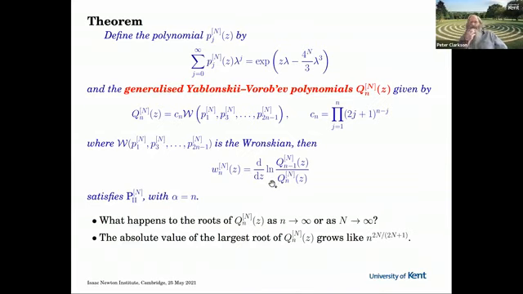So you might want to ask, what happens to the roots of this Q_n superscript N as little n goes to infinity, or as capital N goes to infinity? Now we know that the largest root grows like little n to the 2N over 2N minus 1, which agrees with the result for Painlevé 2 when capital N equals 1.